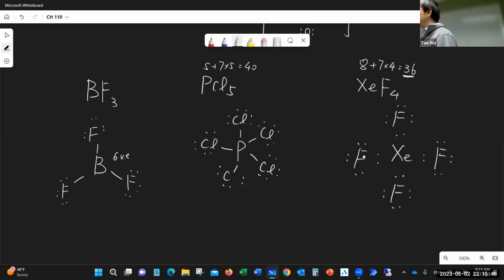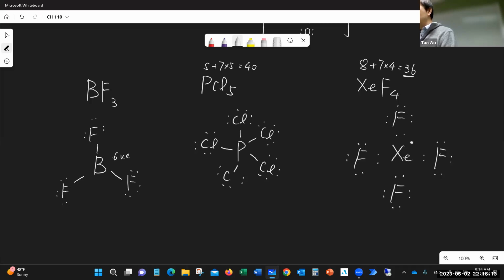But for a compound, we always assign coupled, paired electrons, because when they combine into a compound, everything should be paired. So you have 4 more electrons to go, which means 2 lone pairs need to be assigned to the xenon.